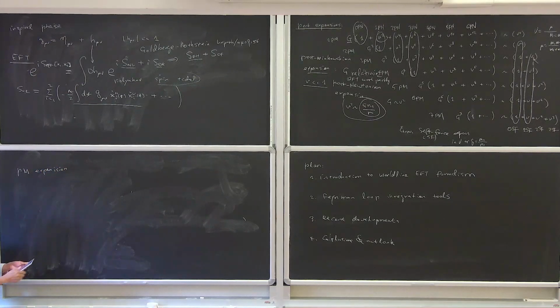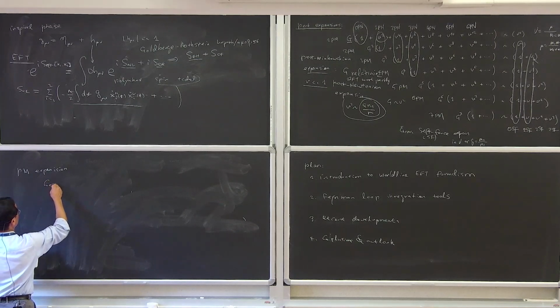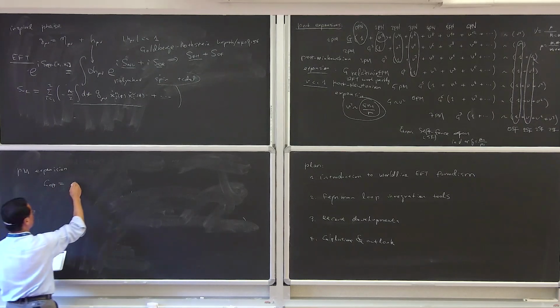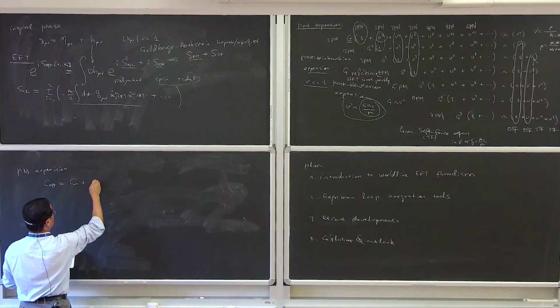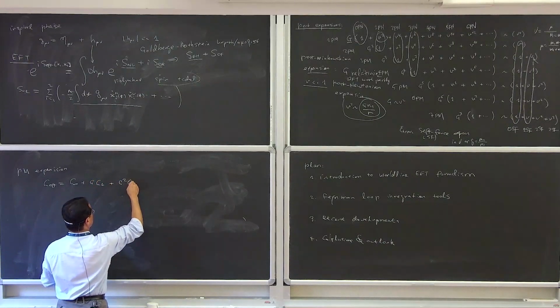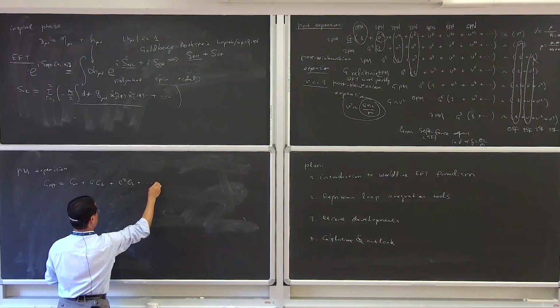The idea is that we do PM expansions for every quantity. For example, for the effective action, we can formally expand in this way, to higher order.